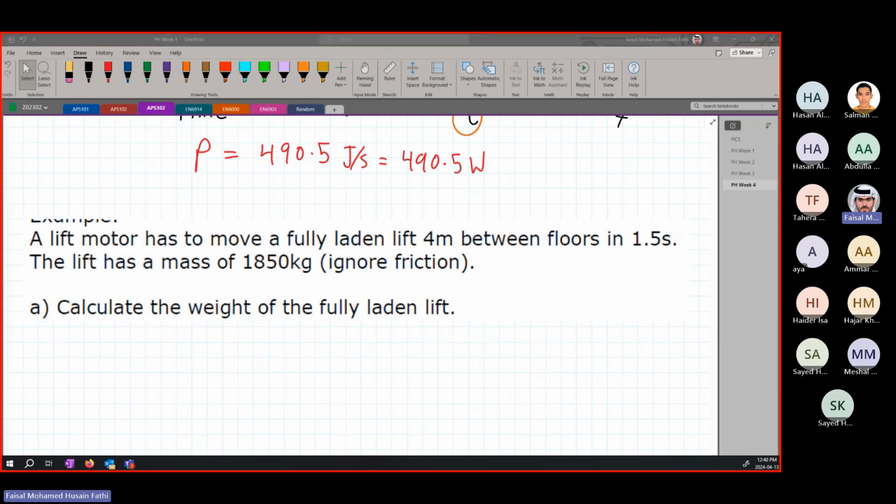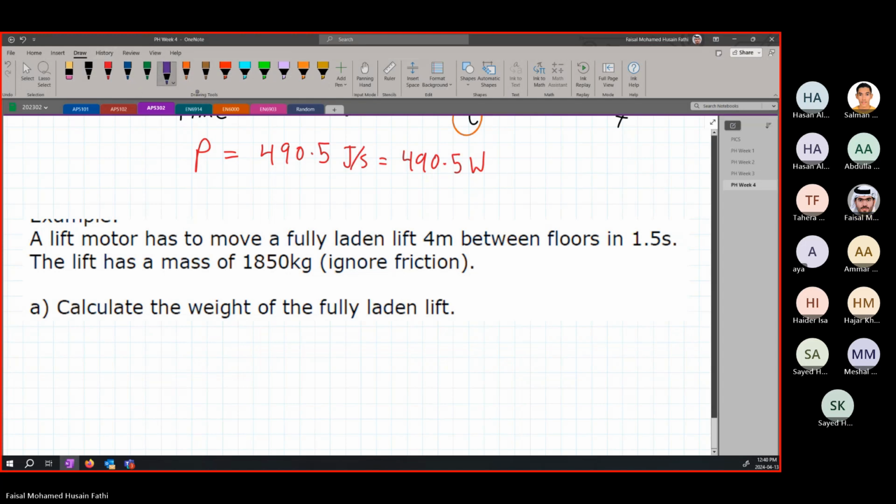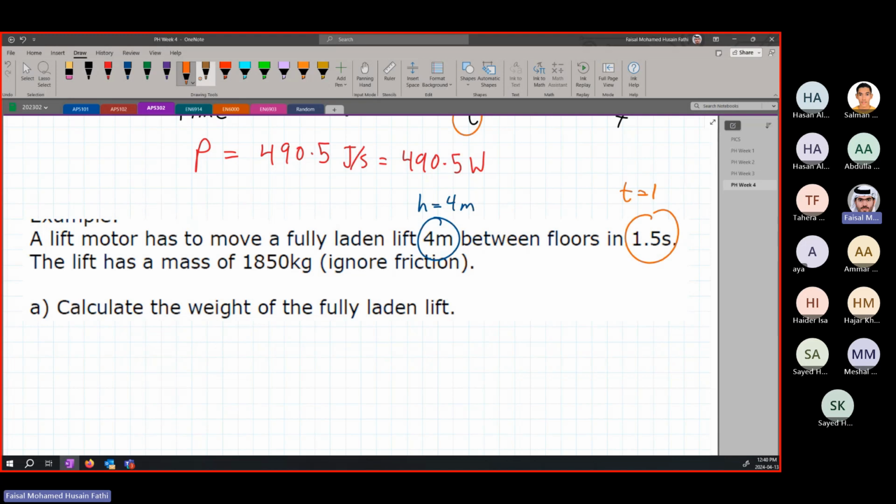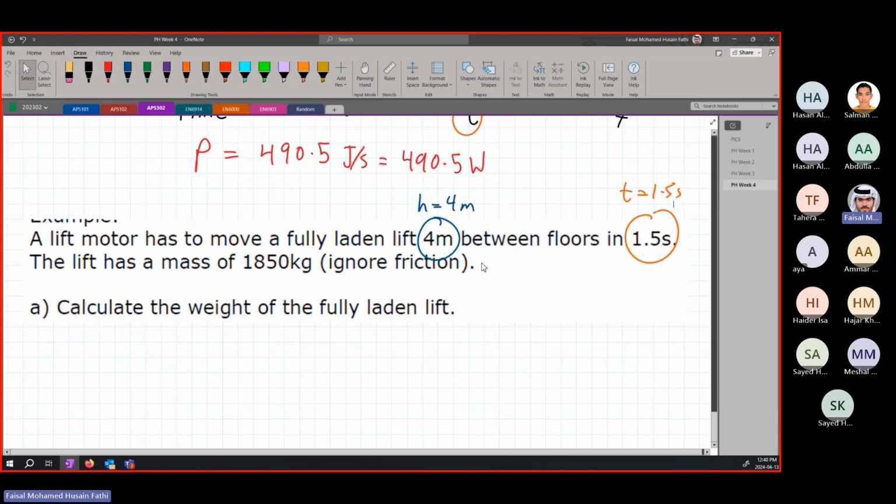So we know that there's going to be upwards and downwards motion in general between floors, and it has to lift it 4 meters. So we know our height. This is our height h. H is equal to 4 meters. And we know our time t is equal to 1.5 seconds. Remember, as long as the units are in meters and seconds, you can go ahead and move on.